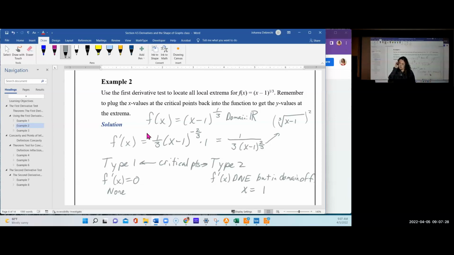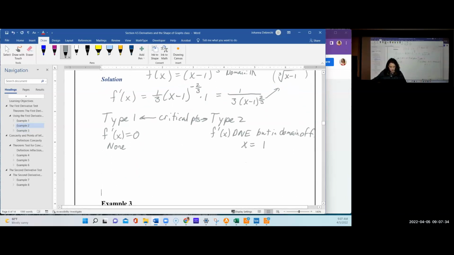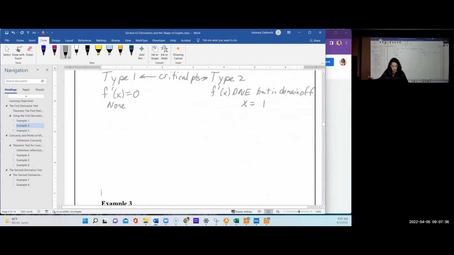So now what we need to do is divide up the real number line. We only got one critical value. So that's going to divide the real number line into 2 sections, basically to the left of 1 and to the right of 1. So we're going to take a test point on either side of the critical value.